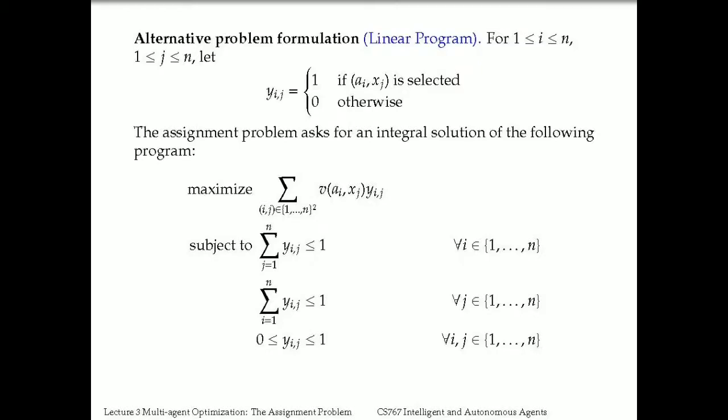And similarly, the next constraint, which says the sum over all of the i equals 1 to n of y_ij is less than or equal to 1, means that every item is assigned to at most one person. And also y_ij is bounded between 0 and 1. This is just bounding the range of this y.